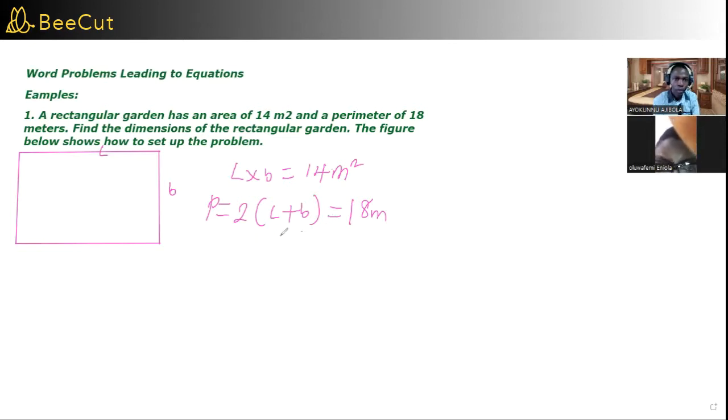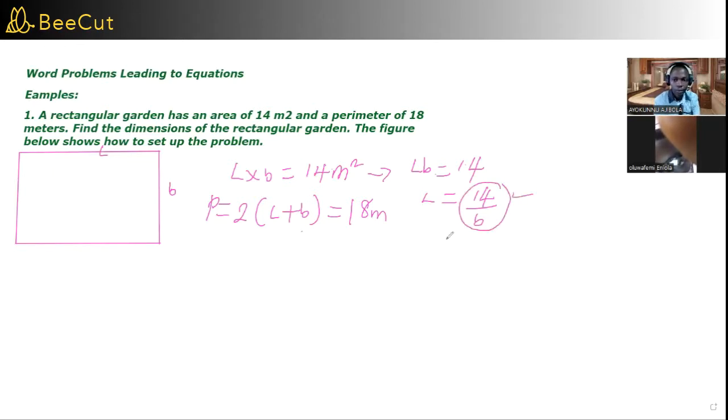In this scenario, we have LB. First scenario, LB gives us 14. So we can find our length there. Length is going to be 14 over breadth. Make sure you focus on this as you put it down. So this stands in for length.